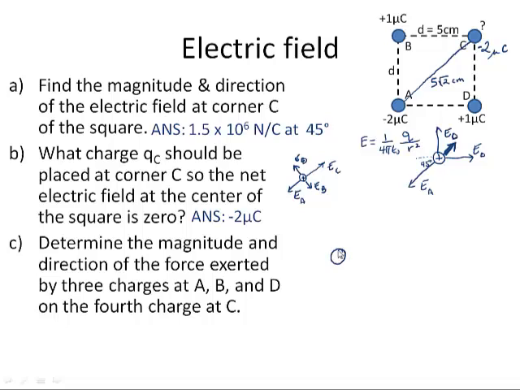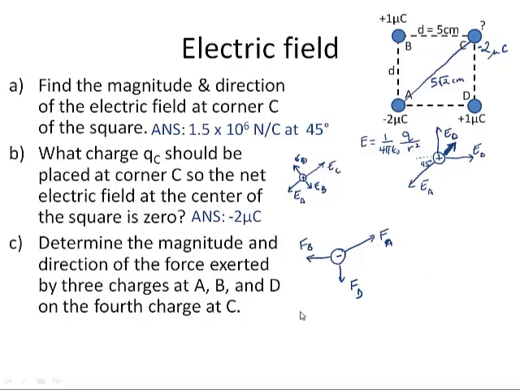Now, one way to do it is actually to draw an actual free body diagram of the -2 microcoulomb charge. We know that it's going to be repelled by particle A. It's going to be attracted to particle B. And it's going to also be attracted to particle D. But there's definitely an easier way of going about solving this problem.